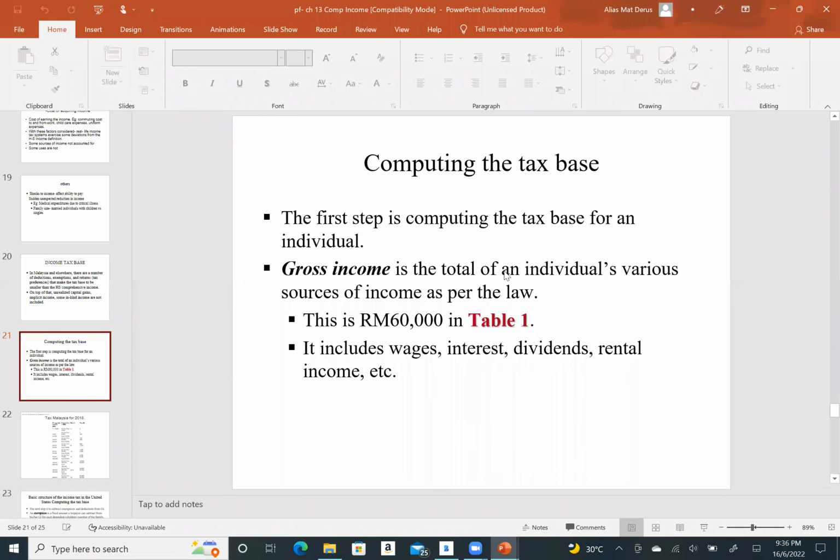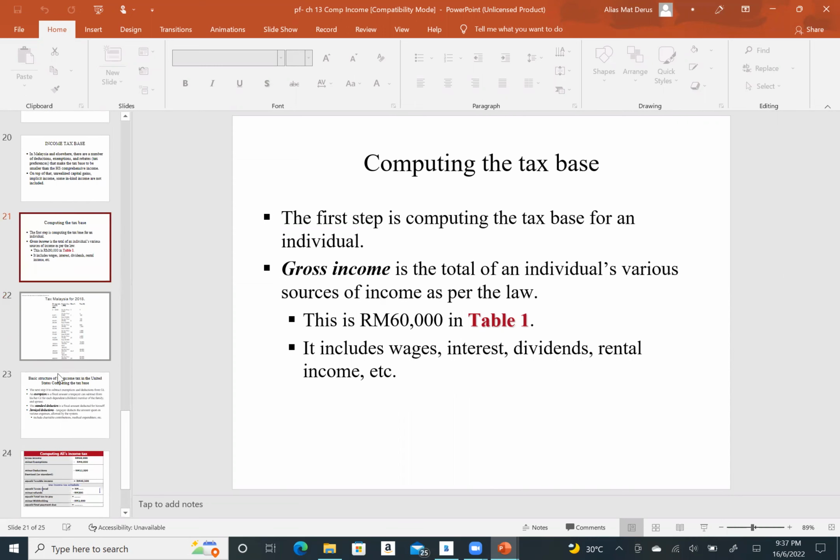So for individuals, it covers all sources of income, various sources of income, as per the requirement or the law in that country. This includes, of course, the basic concept of income that we discussed earlier, except some types of income which are not included.